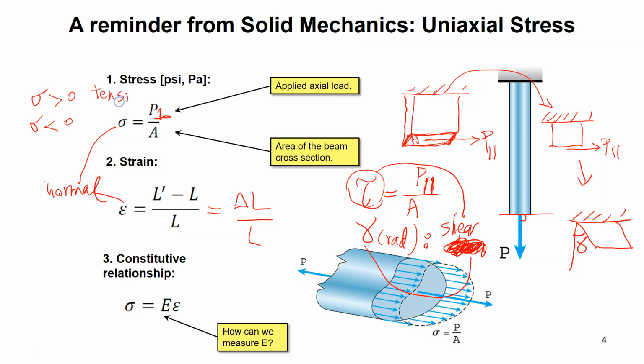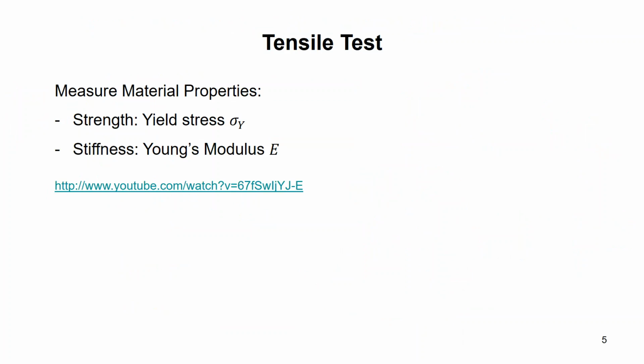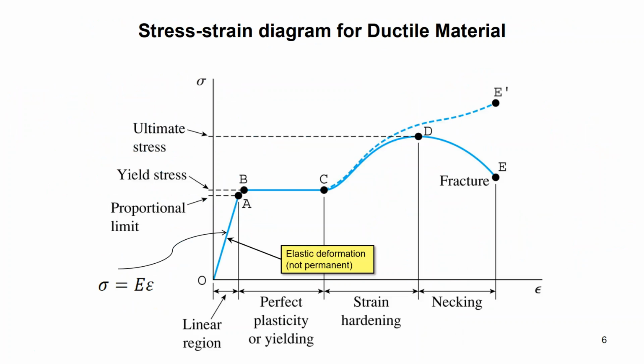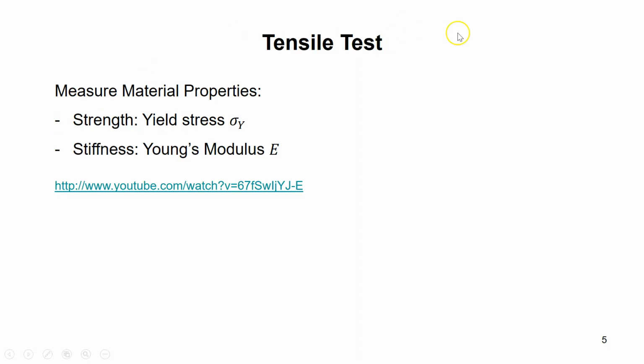So if it's tensile, we say positive, and if it's compressive, we call it negative. Okay? Now the question again was, how are these two related? For that, we have to look at something called a tensile test. So let me show you this video.